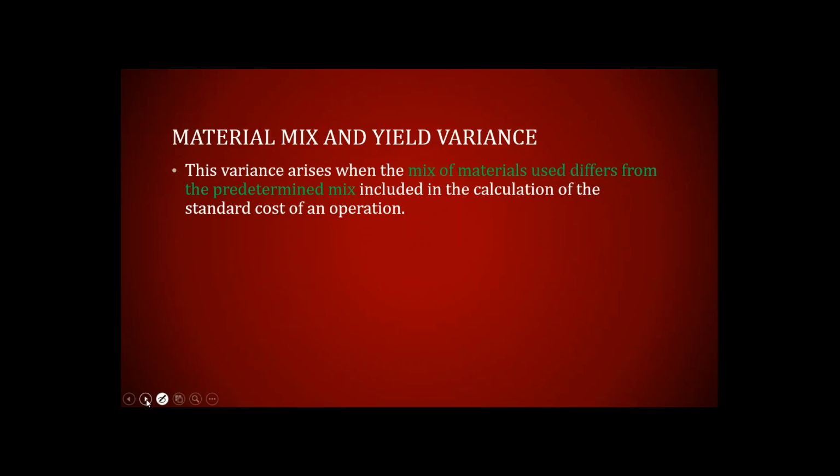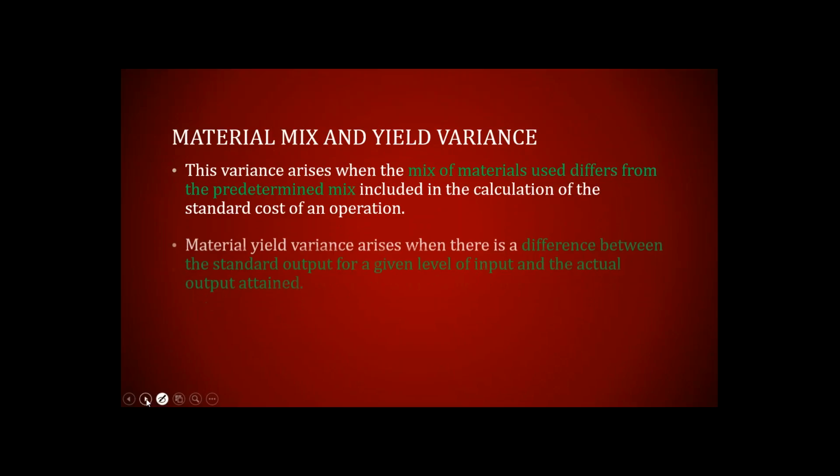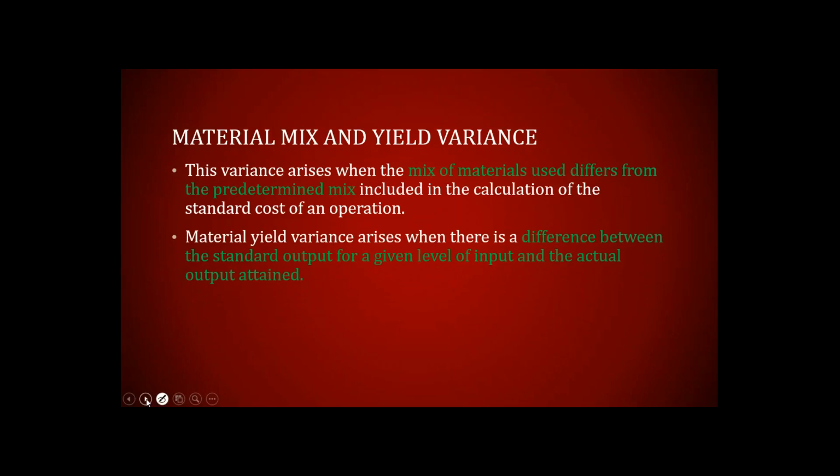So this arises when you mix material. There's a predetermined mix rate of 3:2, but when you go and change the mix, it can have a variance. The yield variance happens for a particular input. For a particular input of 50 kilograms, you expected 45 kilograms of output.